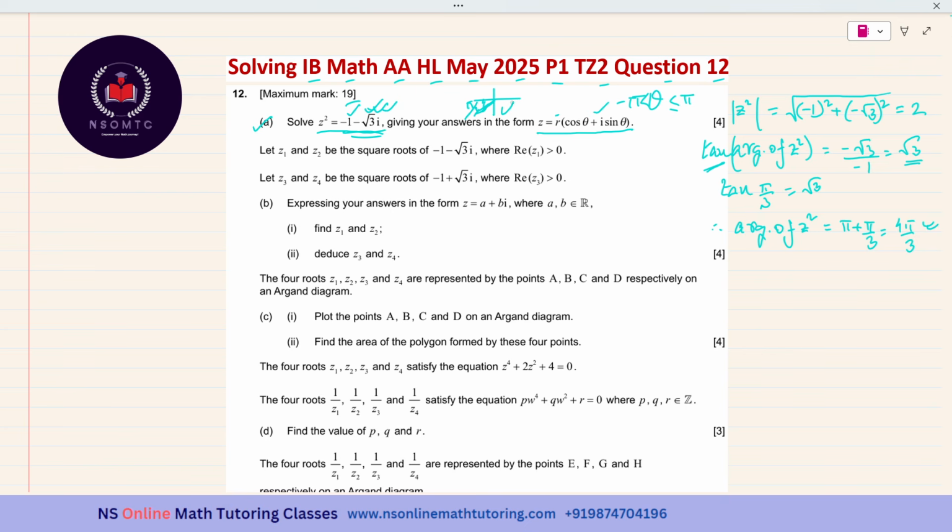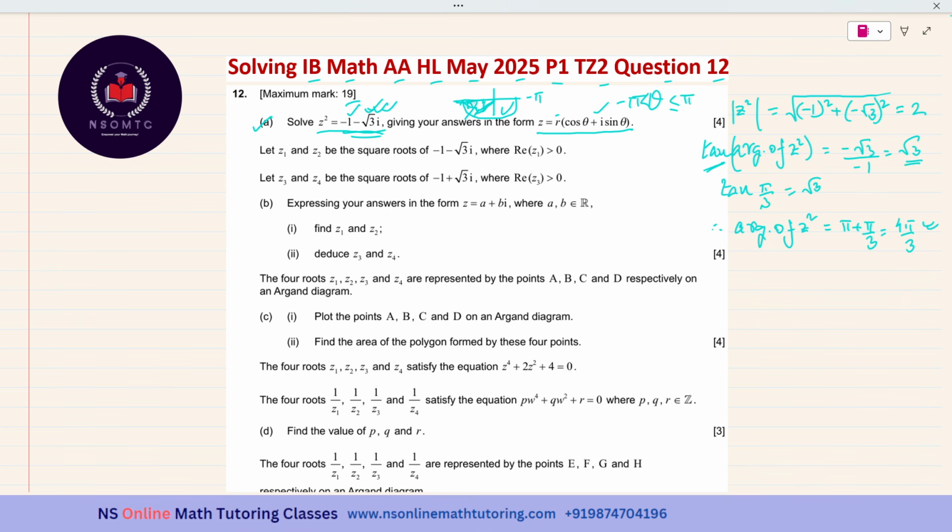See, the negative angles are formed by the clockwise revolution of the revolving ray. So I am moving this revolving ray to the real axis. Since I have moved the revolving ray in the clockwise direction, the angle formed is negative pi.